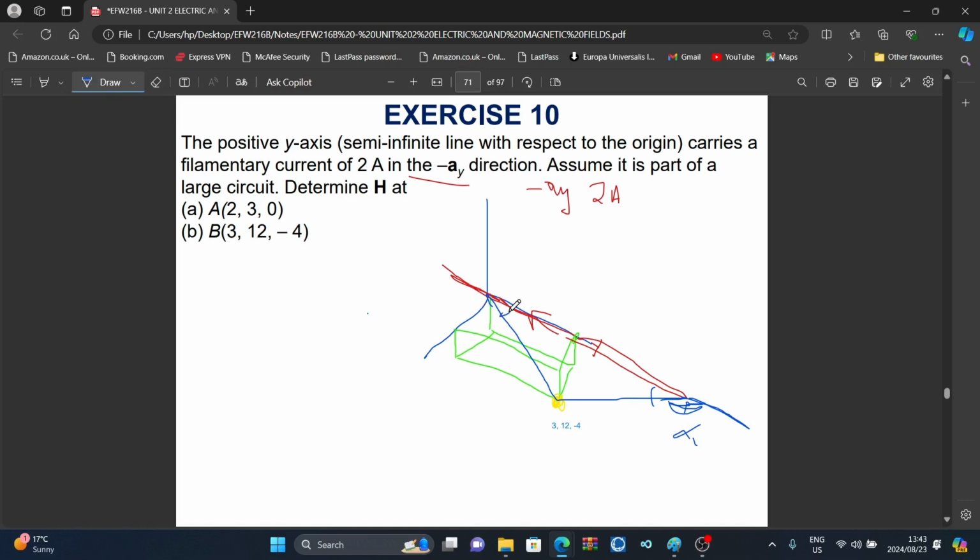Then you can put this one there, alpha 2. So I hope you can see that. Then again, that will be our alpha 1.